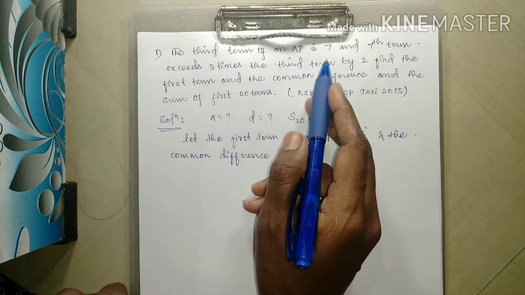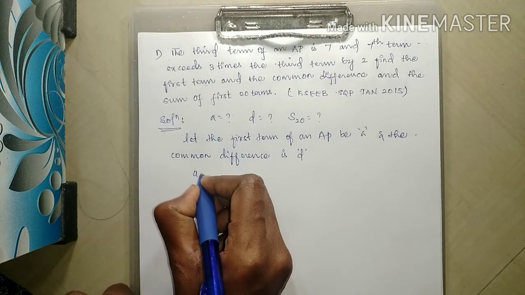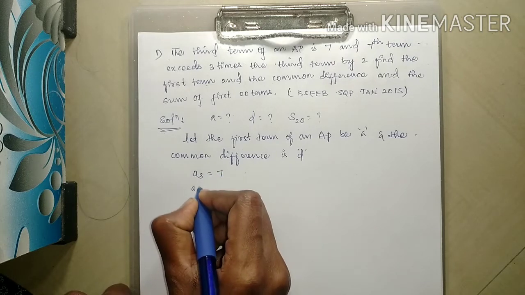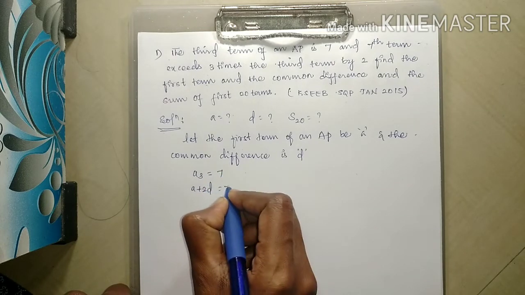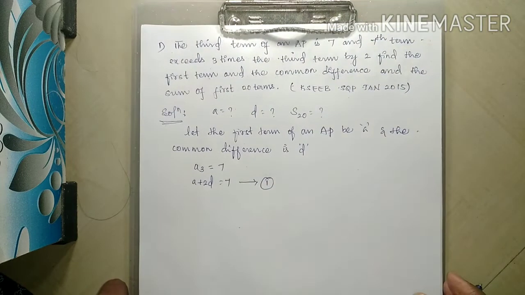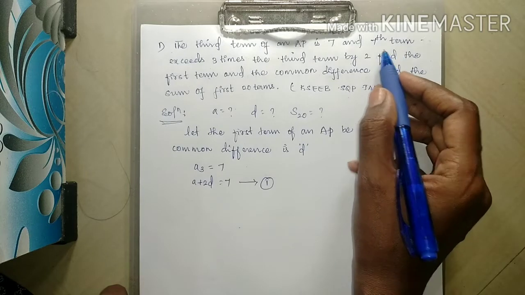The third term of an AP is 7, that is A3 is equal to 7. How to write A3? A plus 2D is equal to 7. This is equation number 1.